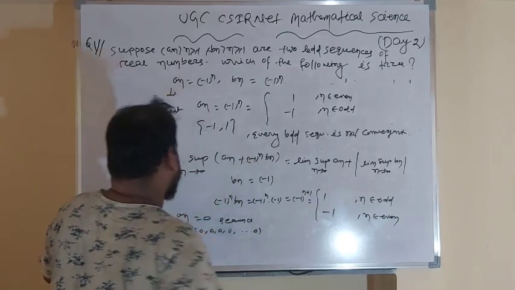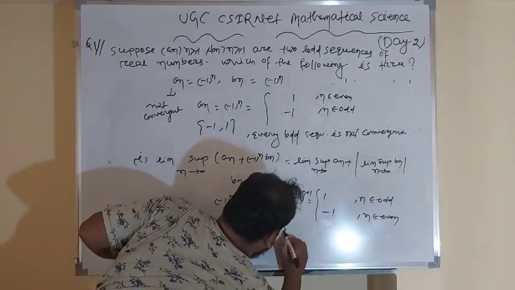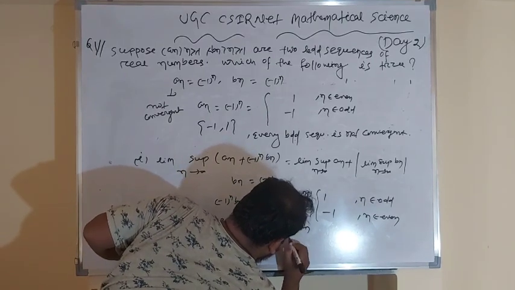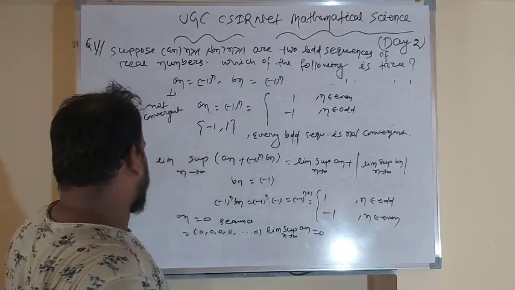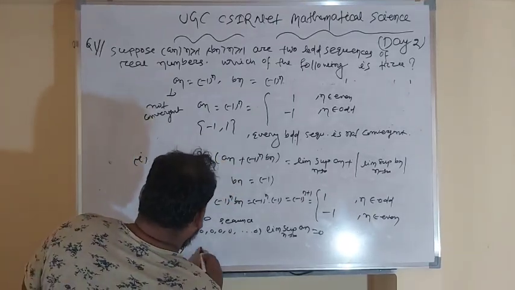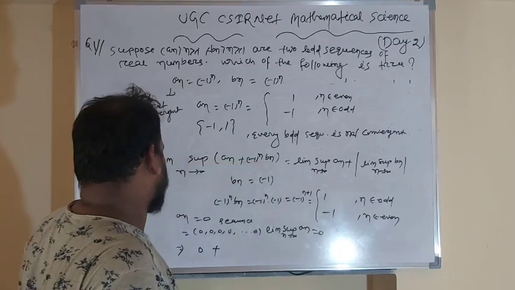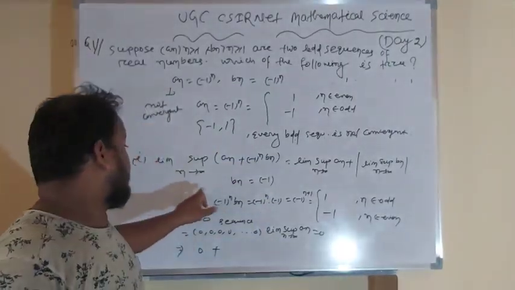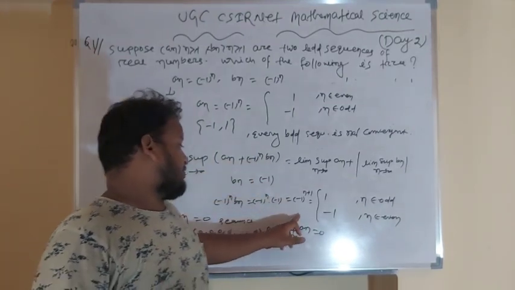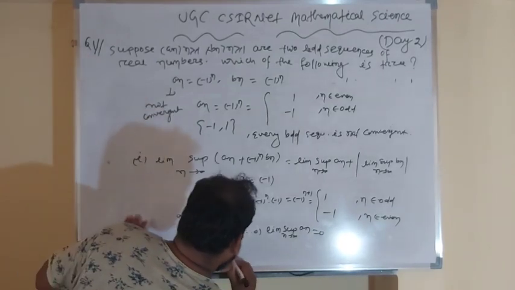This sequence is 0, so limsup a_n as n tends to infinity equals 0. That implies 0 plus limsup of (-1)^n/n times b_n. This is the maximum value. That maximum value is how much? Plus 1, so 0 plus 1 is 1.